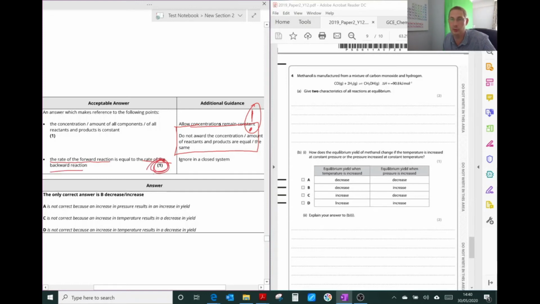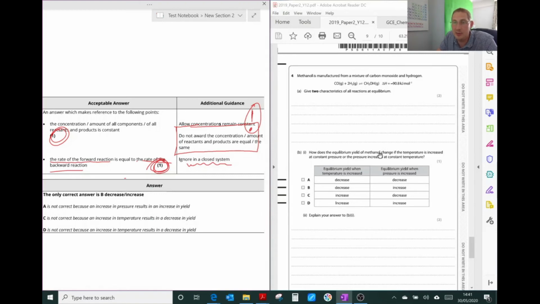That is true. The second characteristic is that the concentration of all components stays constant. They don't have to be equal, but they are unchanging. So you end up with a constant concentration of every species there. Interestingly, it says ignore "in a closed system". This is needed at GCSE, but clearly isn't needed here.